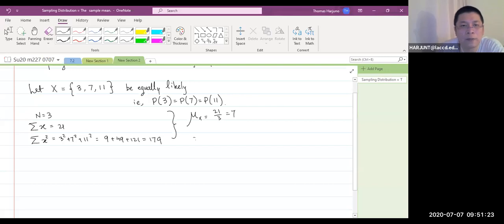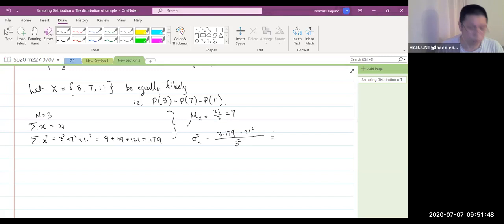While the variance of that x is 3 times 179 minus 21 squared over 3 squared. That will be 3 times 179 minus 21 squared divided by 9.